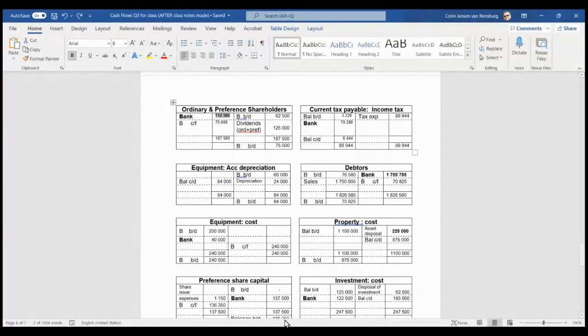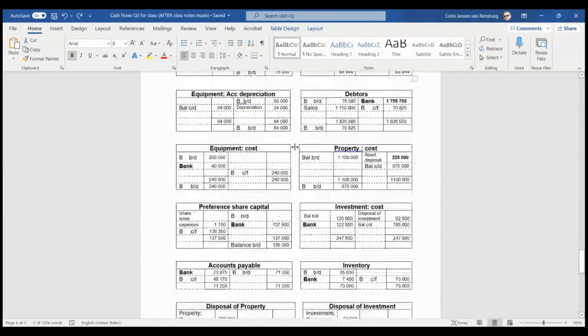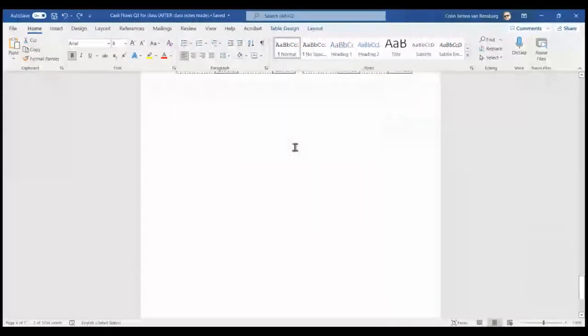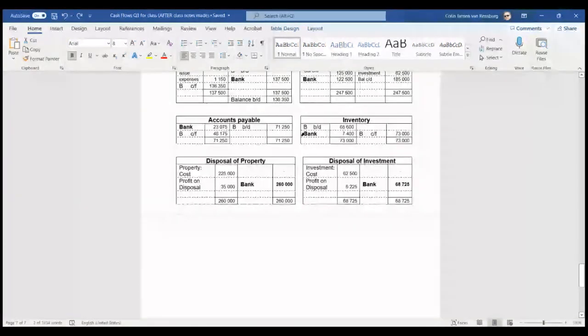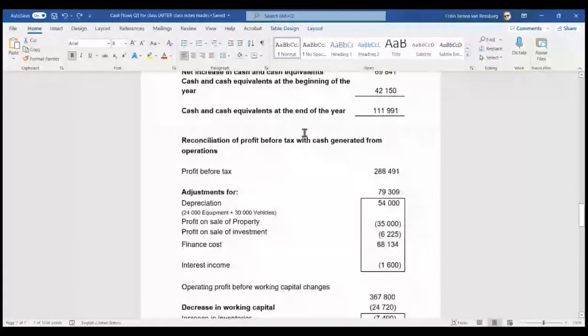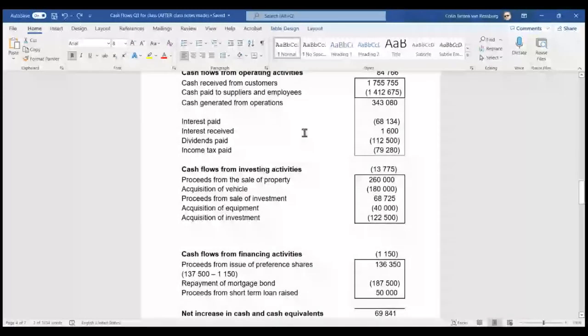We simply take that figure, transfer it over to our statement of cash flows. That will represent our dividends paid. So there we go. Dividends paid, the amount 112,500, right? Is it an inflow or outflow of cash?